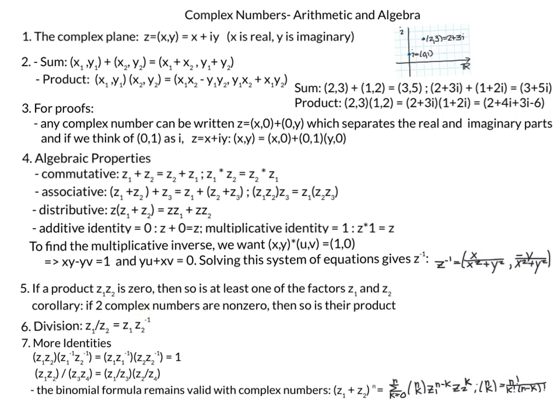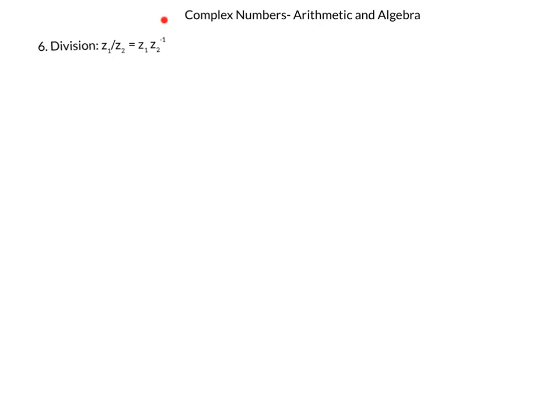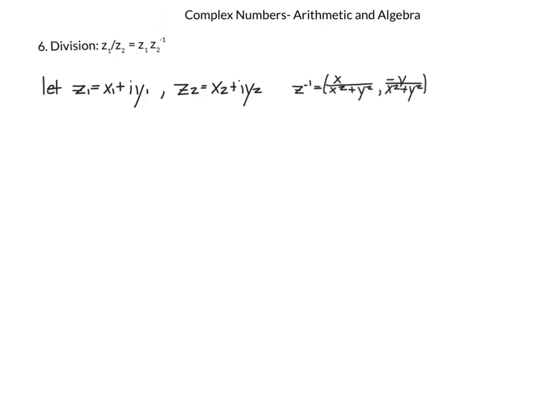This next statement about division, so dividing complex numbers, is the same thing as multiplying by the inverse. And since we have defined what this inverse looks like, I can take a closer look at that. I'm going to let z1 equal x1 plus i y1 and z2 equal x2 plus i y2, and I have the definition of the inverse of z for your reference here.